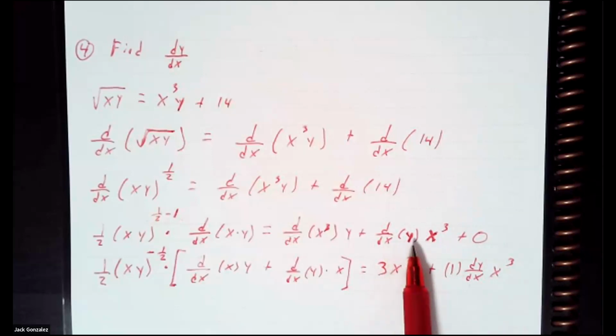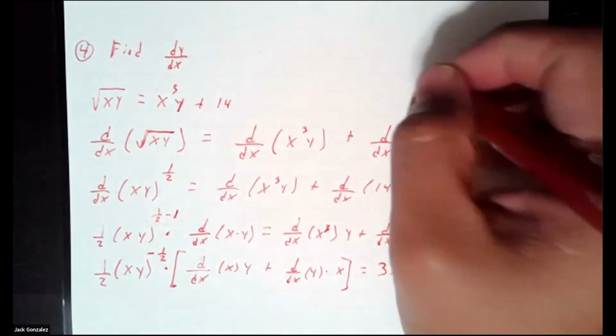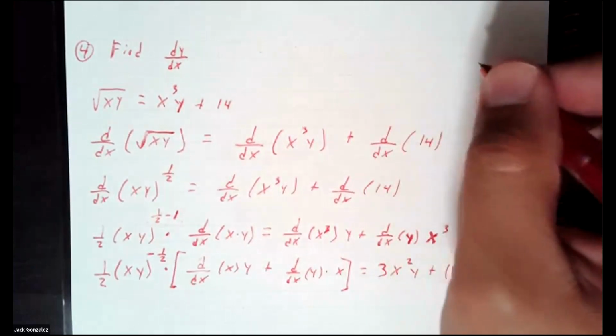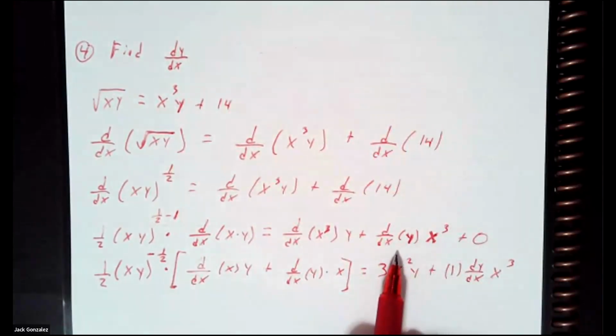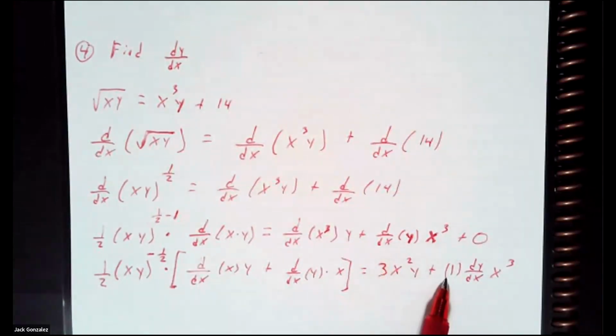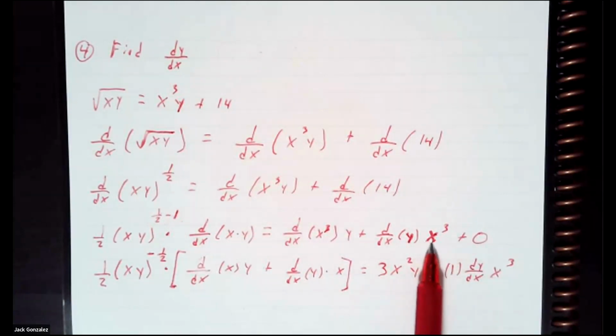Where did the one come from? Well, think of it this way. What's the derivative of x? It's 1. Yeah, so treat it the same way. The derivative of y is 1, but then you have that implicit piece that gives you dy dx. Okay, I gotcha. And then this x cubed is just hanging out. All right, got it.